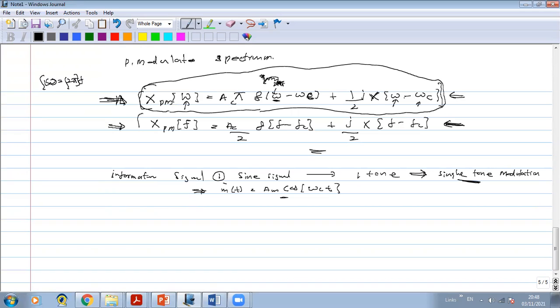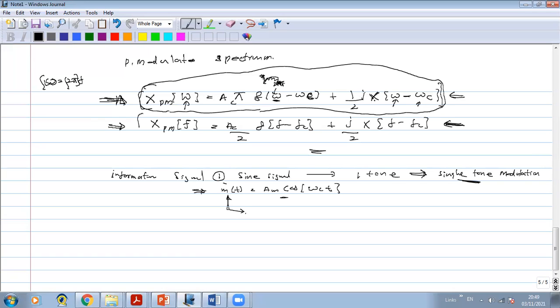This X represents the Fourier transform of this information signal, and that signal should be shifted by omega_c.